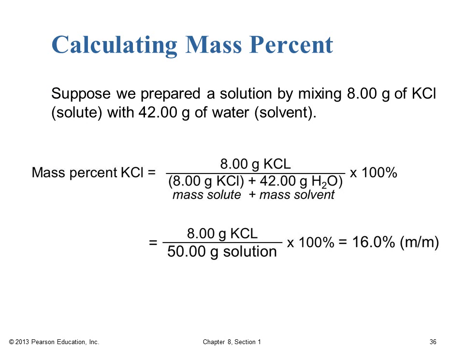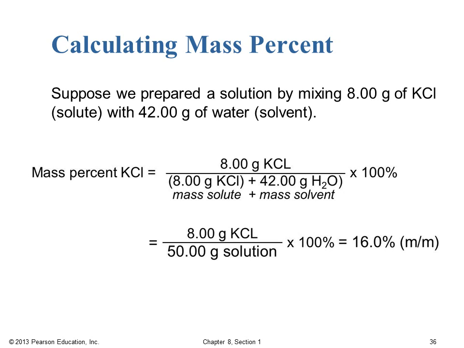Here's an example. If we're trying to determine the mass percent of KCl in water, and we mix 8 grams of KCl with 42 grams of water, the solute is the KCl, so the mass of the solute is 8 grams of KCl.